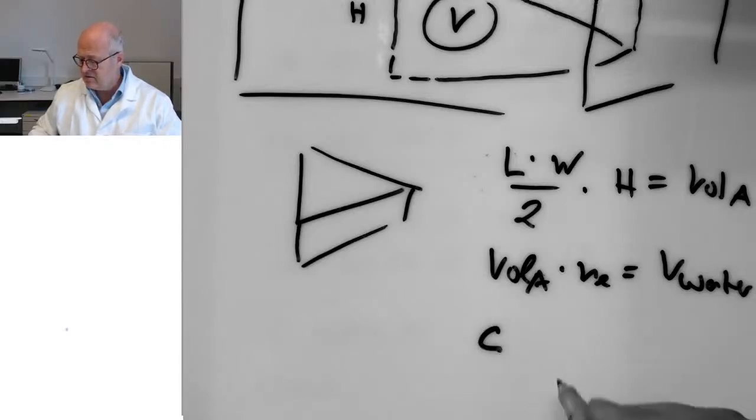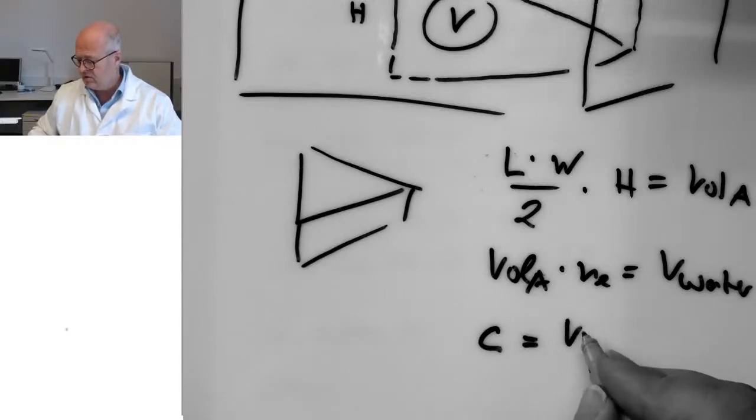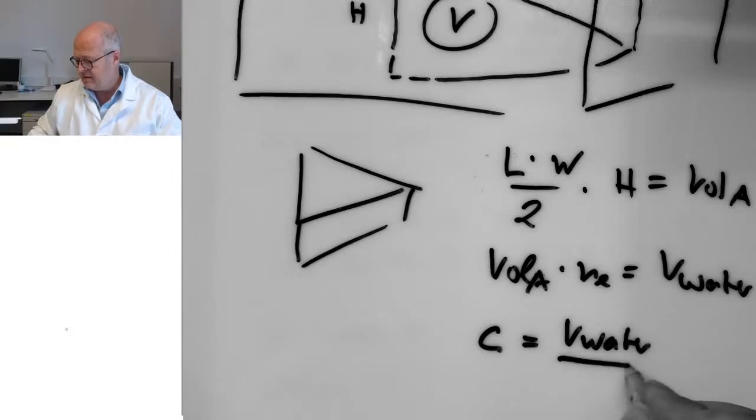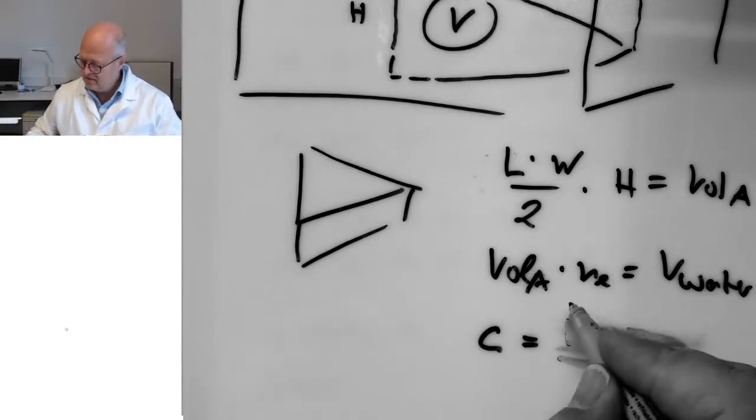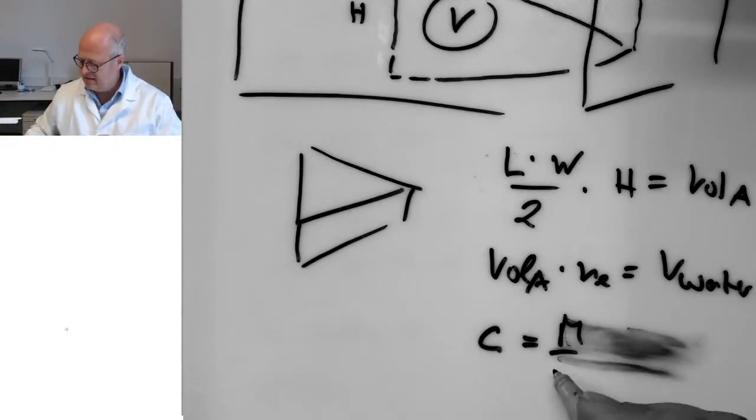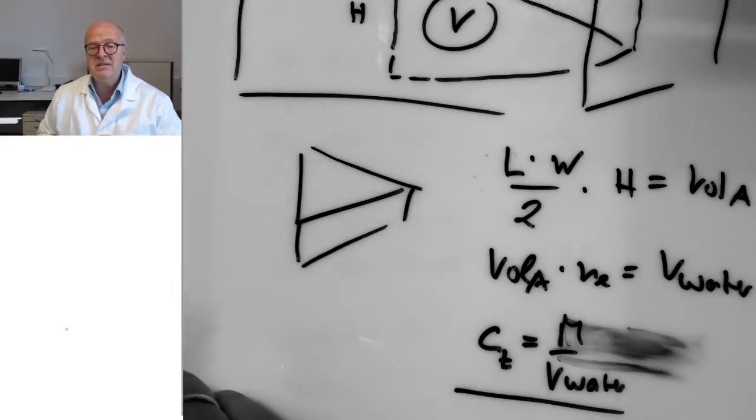The target concentration is the mass injected divided by the volume of water. This is basically the very simple process that we will use.